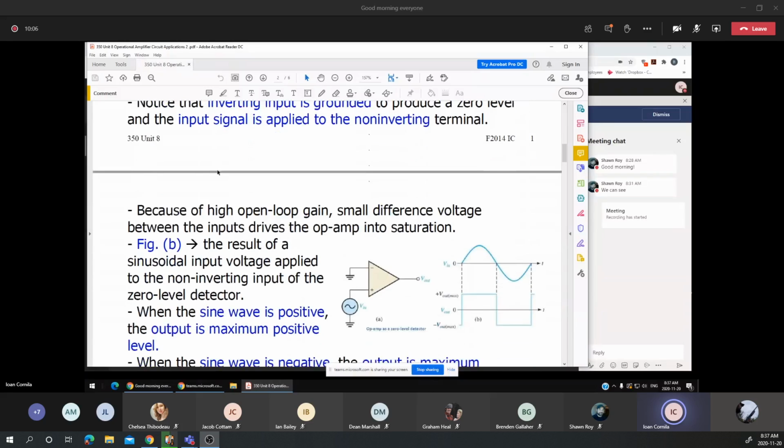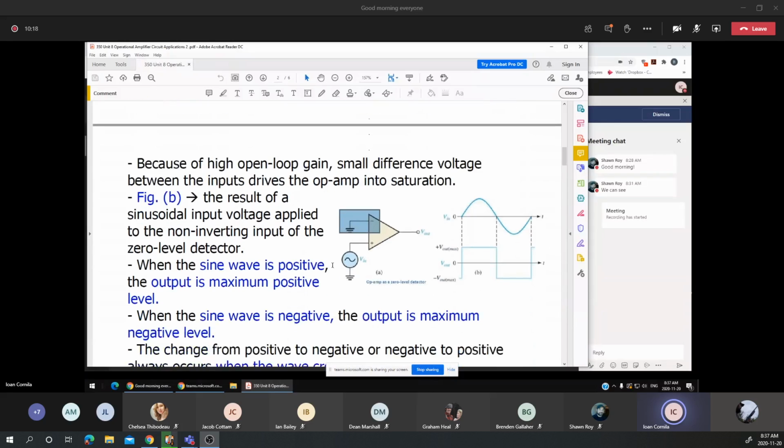Now, how to use that: one of the two inputs is grounded, which means it will act as the reference voltage, and the input voltage, Vin, is applied to the non-inverting input. You notice that this configuration is actually a non-inverting amplifier.